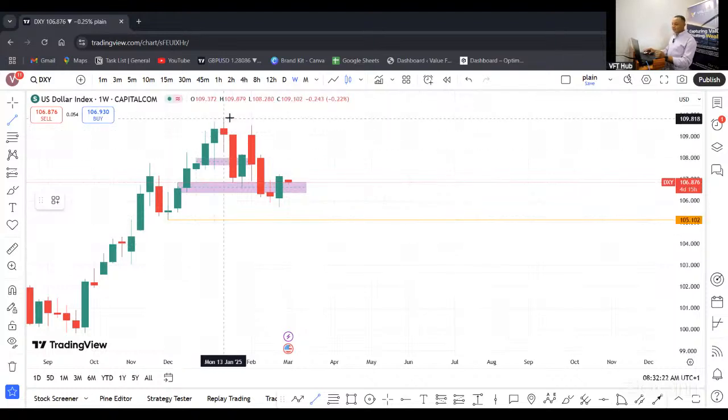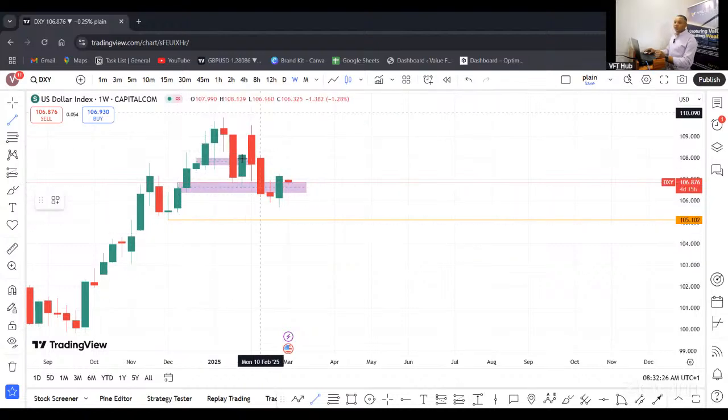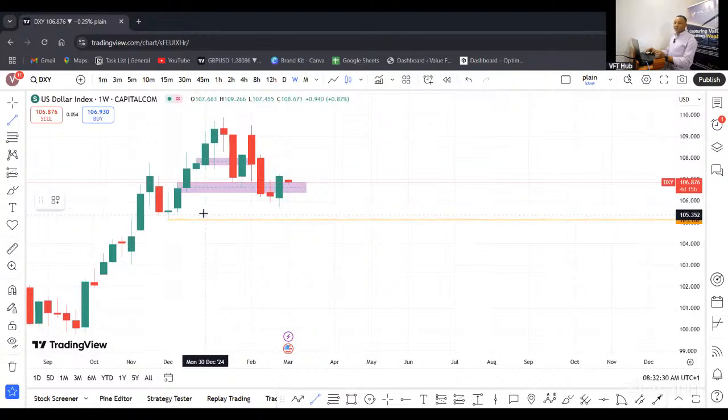Price hasn't broken the upper and the lower boundary, so this just remains the swing of the buy trend until price breaks it to the downside before we start looking out for long-term sells on the dollar. For now we're just looking out for short-term sells on the dollar, and we're looking out for that with respect to the structure of the daily time frame.